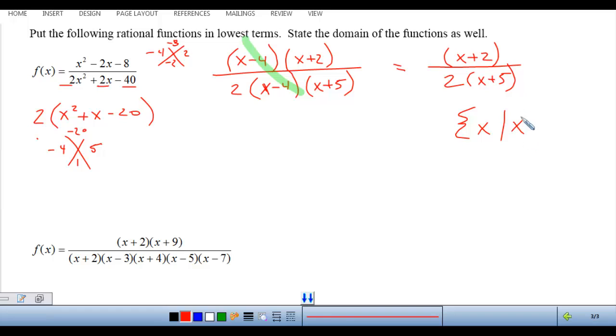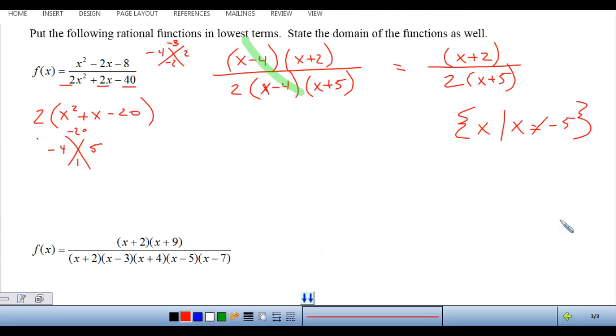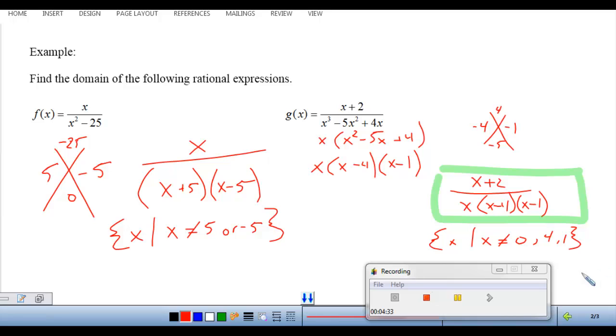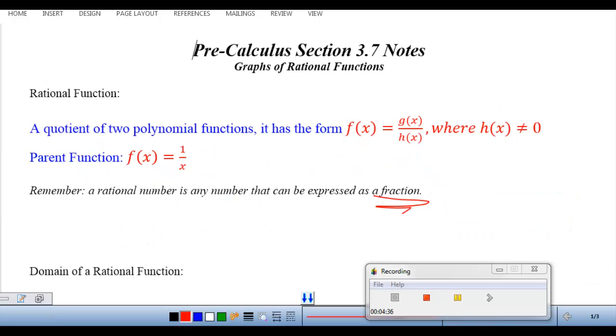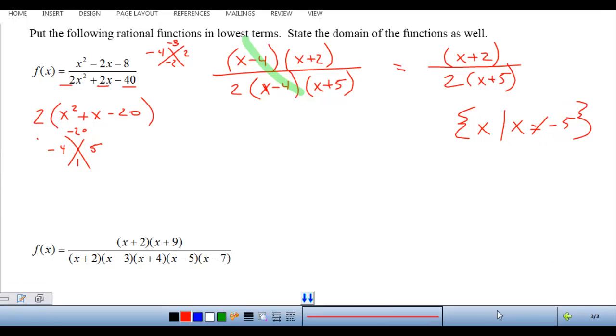So when I write the domain, x cannot equal negative 5 or 4.